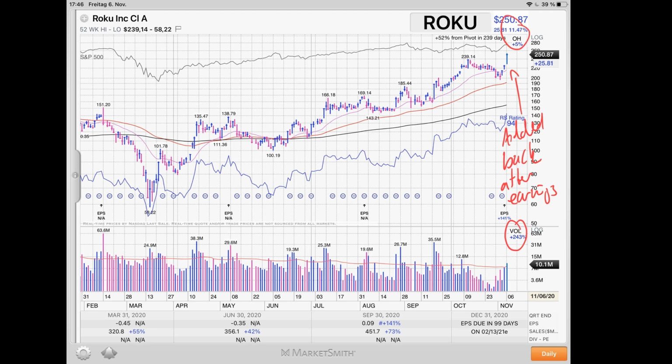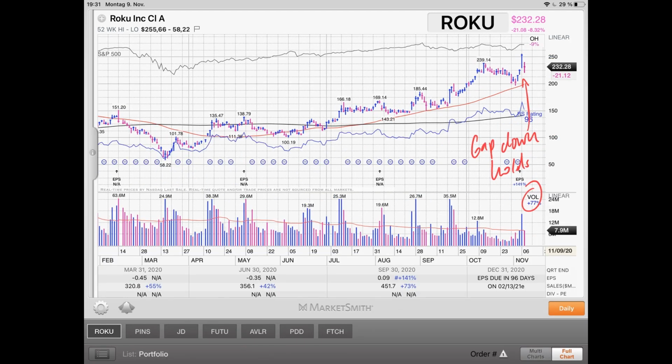That was a day when Roku had earnings. So very nice earnings here. We will come to that in the research part. But in that situation, I added back to my stock. Then on the next day after earnings, Roku gapped down, and it gapped down heavily, 8%, and the volume also increased here, 77%.